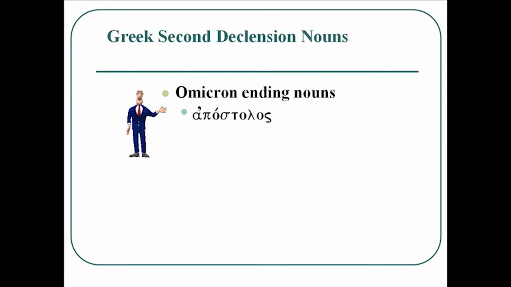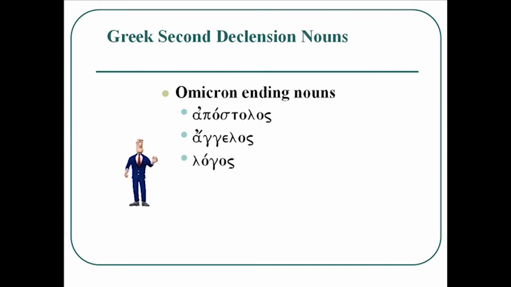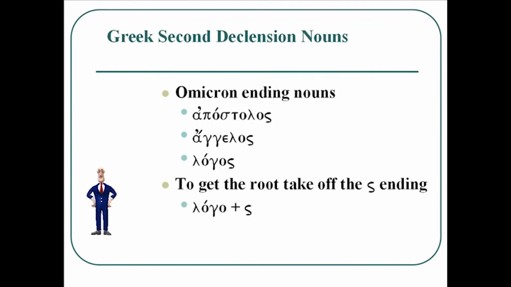An example of this is apostolos, angelos, or angel, logos, word. To get the root, you just slide off the sigma, and then the omicron is exposed, indicating that it's a second declension noun.